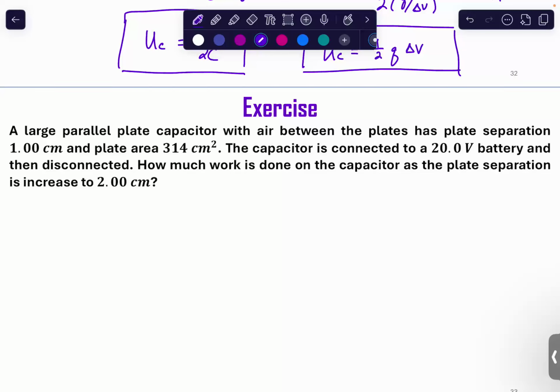So no matter how you set this up, dielectric constant of air is 1. It's kind of like telling you that a particle starts at rest.